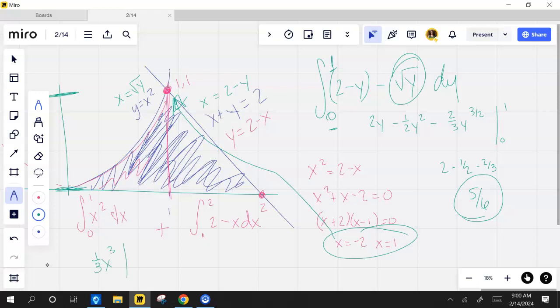There's not a top and bottom here because in terms of x, it's not sandwiched between two curves.